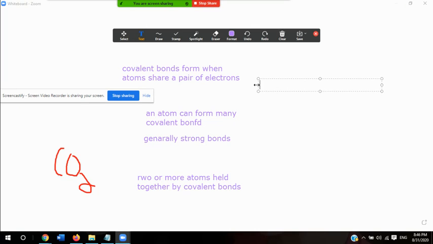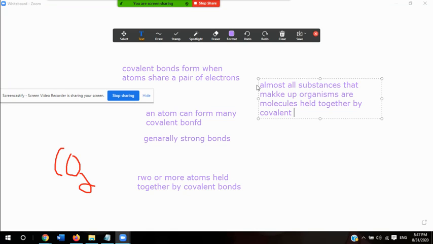So, all substances, or almost all substances, that make up organisms are molecules held together by covalent bonds. Okay.